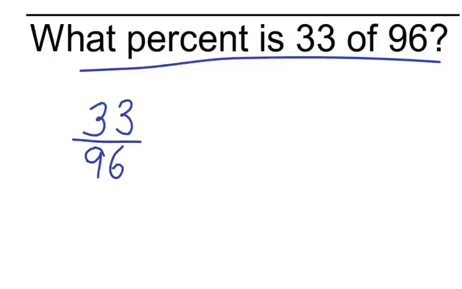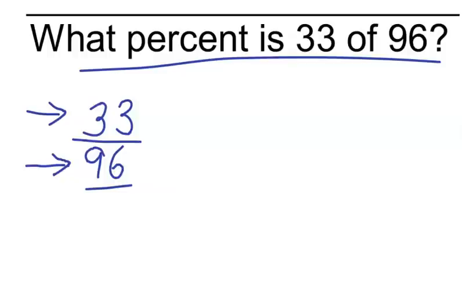So all you do with this, and we're going to end up doing this probably with calculators in the future, but what you do is you divide the big number, or the denominator, into the numerator. Okay, so you find out basically how many 96s go into 33. And I already did that.